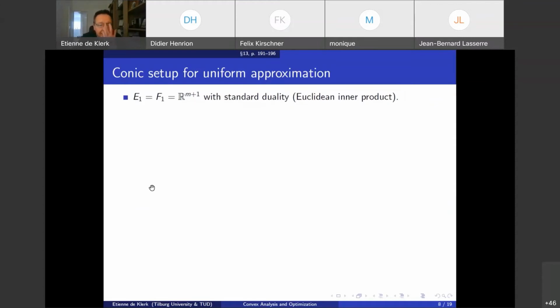Okay, so I'm just going to go through what all these spaces are, and then we try to convince ourselves. The E1 and F1 spaces are the same, namely R^(m+1), with the duality just being the Euclidean inner product on R^(m+1). Then E2 is going to be pairs of continuous functions on 0,1.